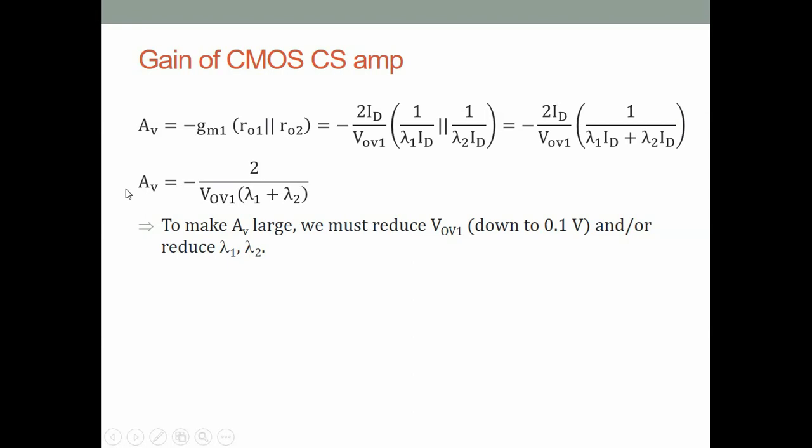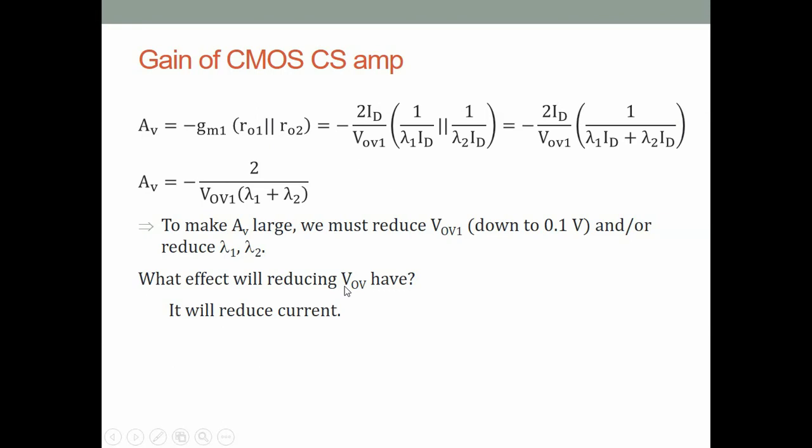What is the effect of reducing VOV on the circuit other than increasing the gain? Reducing VOV will reduce the current, because the current goes as the square of VOV. Suppose I want to make the current larger.